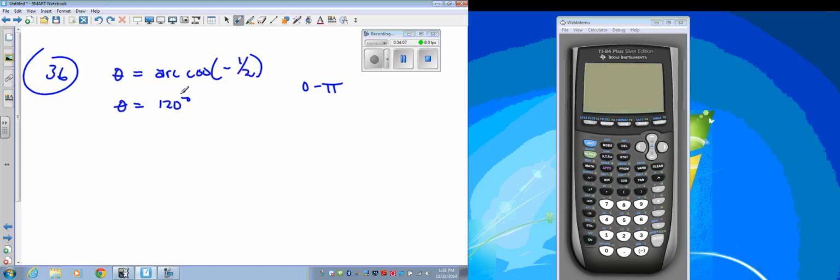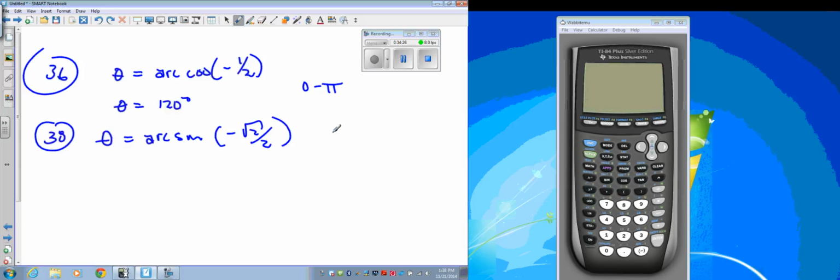Okay. Now we could do 38. So it's theta arc sine. Now, what is the range there? Minus pi over 2, pi over 2. No, well, why don't I do it in degrees? This is supposed to be 0 to 180 because we're doing degrees.